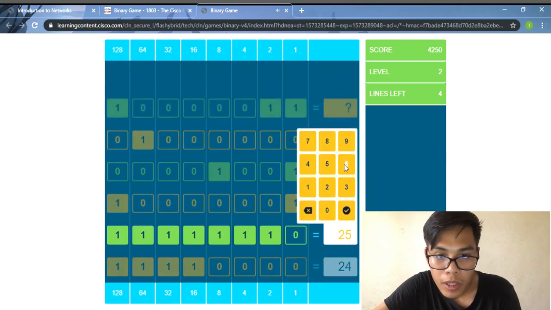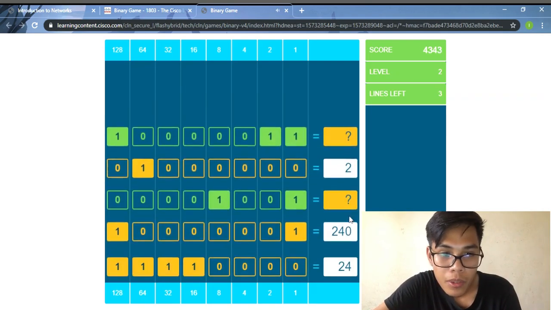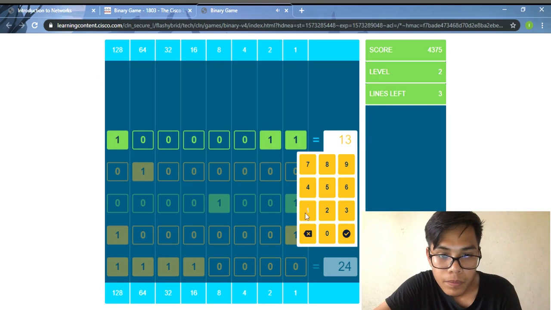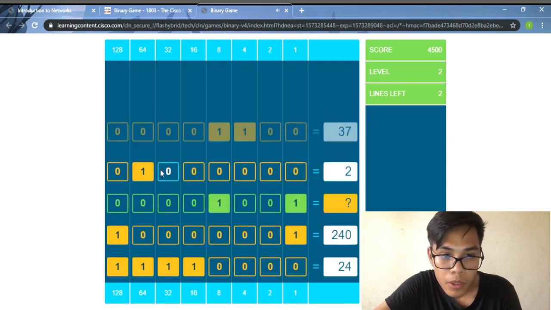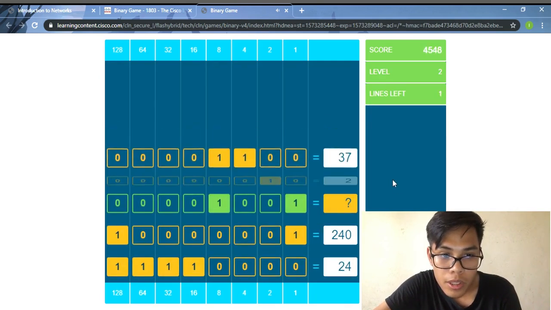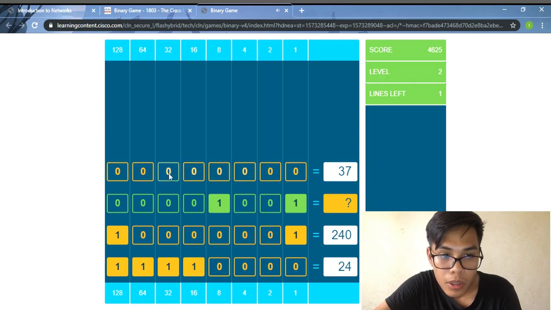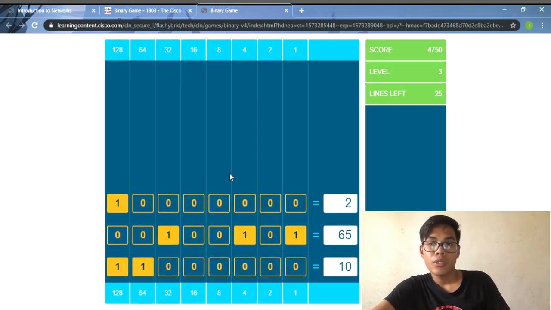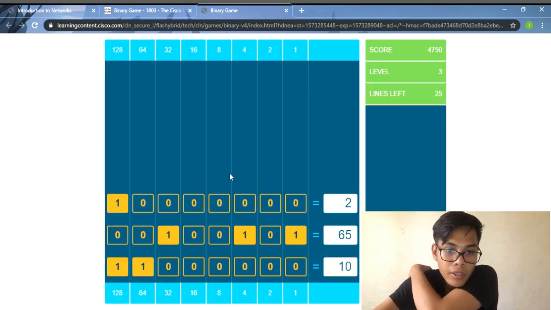It's getting kinda hard now. So 128 plus 2 is 130, 131. So 2 this, 37 is this and this. Level 2 complete. It's getting kinda hot.